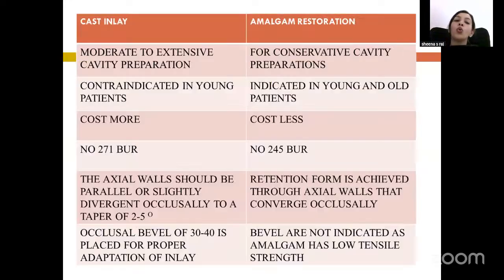So these are two important points. You need not actually study the entire thing. Just keep these slides in your mind and do the proper comparison between amalgam and cast inlays, especially the cavo surface angle, the burr which is used, what is the angulation of the axial walls, etc. You have to keep that in mind.